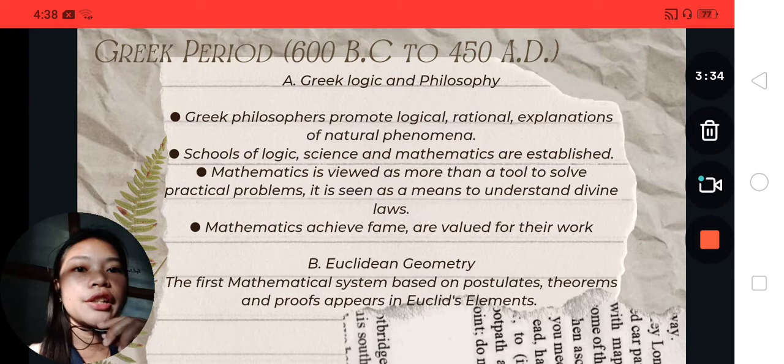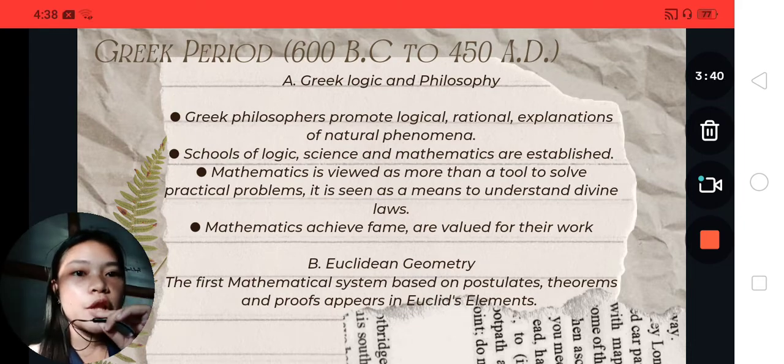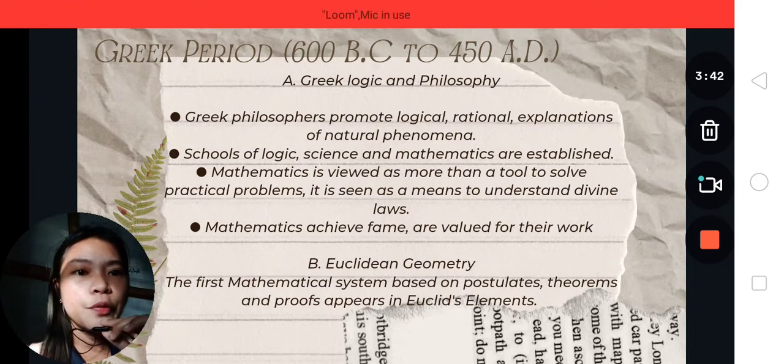So here, in the Greek period of 600 BC to 450 AD: A. Greek logic and philosophy. Greek philosophers promote logical, rational explanations of material phenomena. Schools of logic, science, and mathematics are established, and mathematics is viewed as more than a tool to solve practical problems.